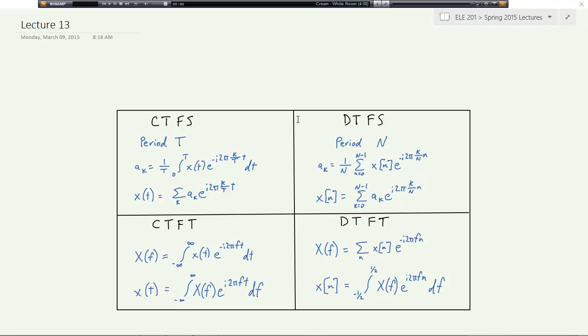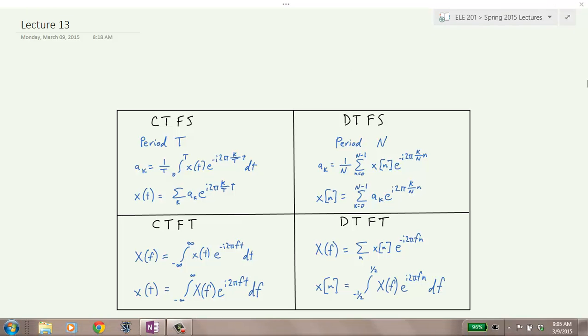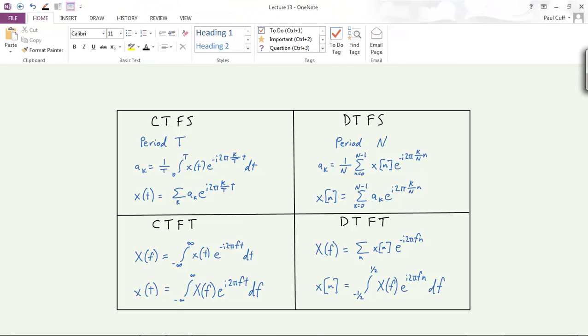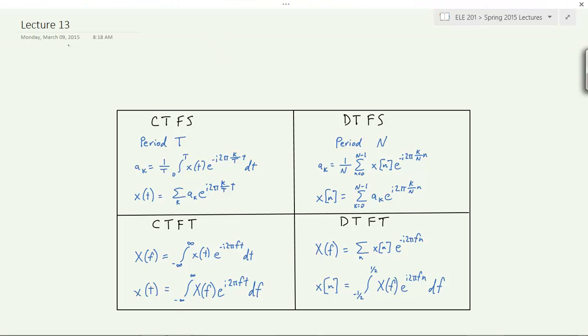So today we're going to start this discussion by mentioning that the different flavors of the Fourier transform that we've seen so far can actually be understood in a unified context. So that's going to be one of the points of today's lecture.